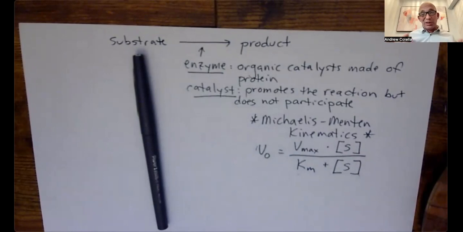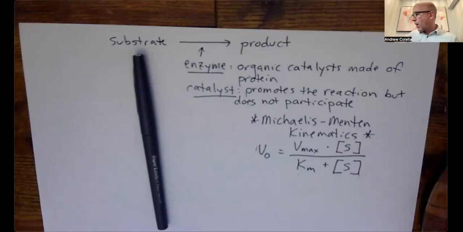Since we don't know in this particular problem what substrate, product, or enzyme, we're just going to talk in generalities. What we do know is that the substrate is going to be changed, converted, modified to become a product which the body needs. That's what an enzyme does.